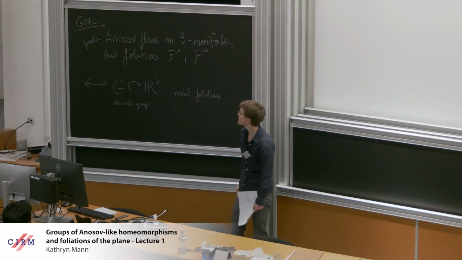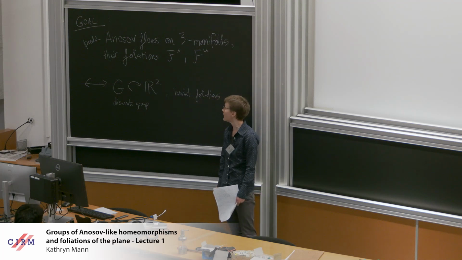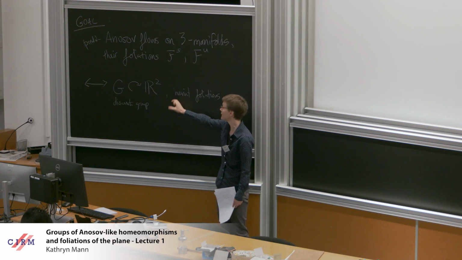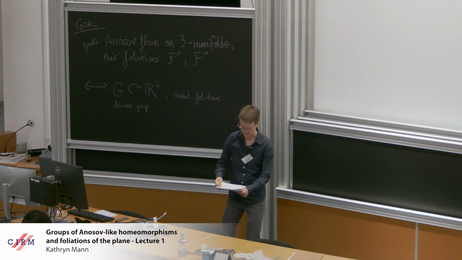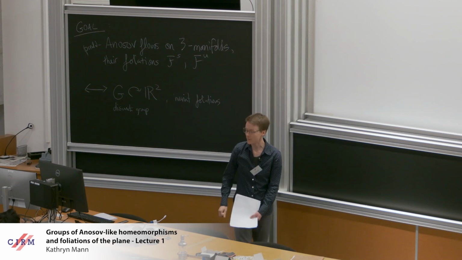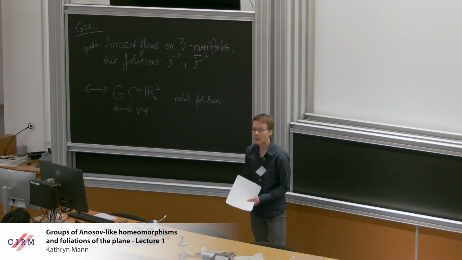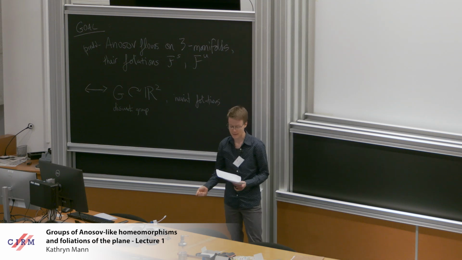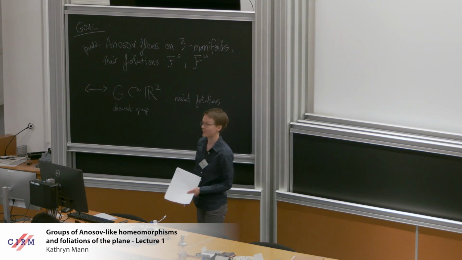And a beautiful picture that translates back and forth between dynamics of flows in dimension 3 and discrete group actions in dimension 2. And eventually we'll get to some recent work, hopefully, that I've done with a bunch of people, including Thomas Barthelmé, Christian Bonatti, Sergio Fenley, and Stephen Frankel.